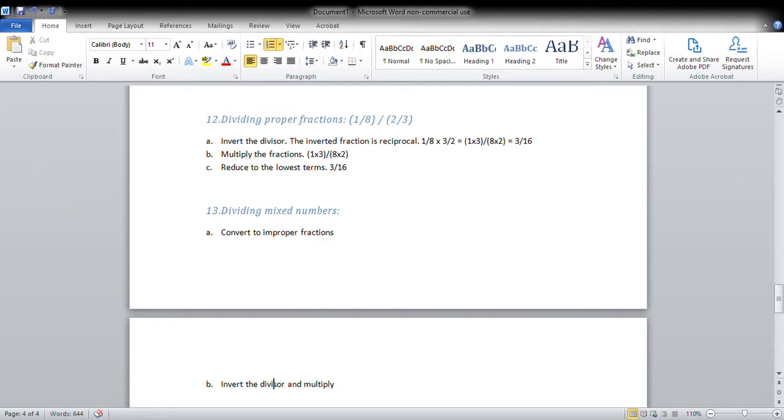The numbers that we're given are 8 3/4 divided by 2 5/6.